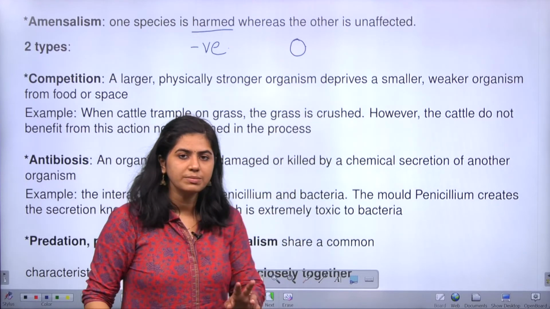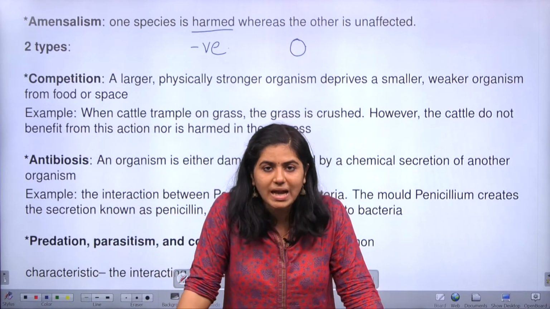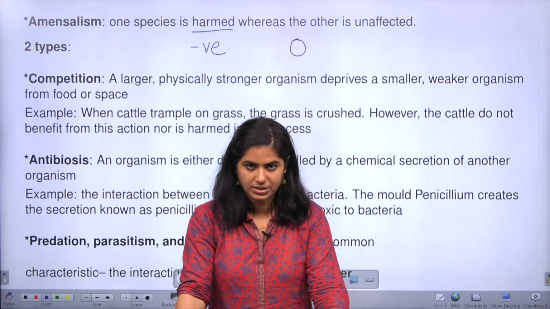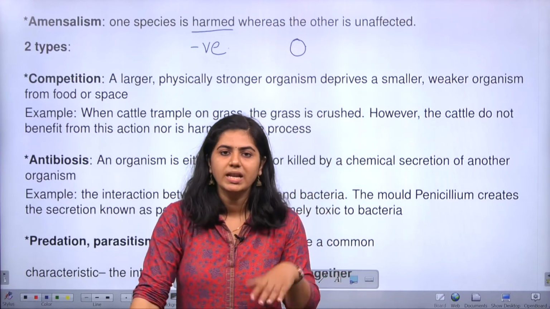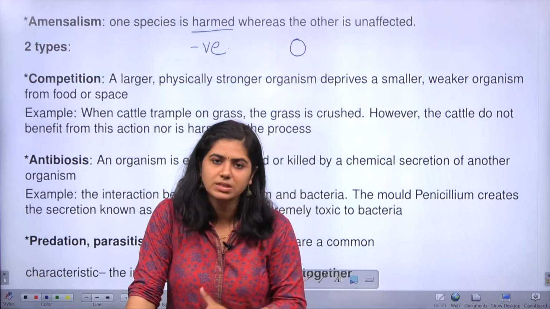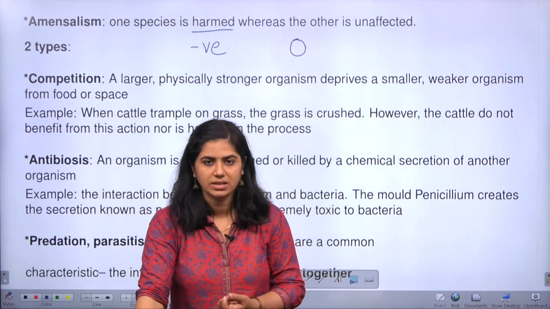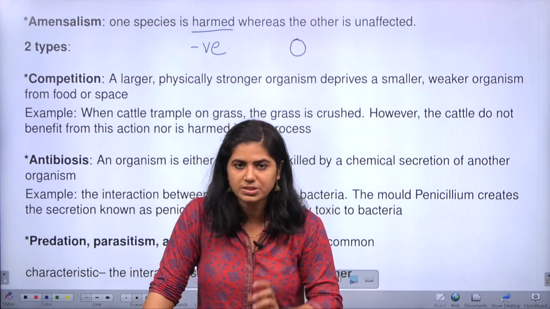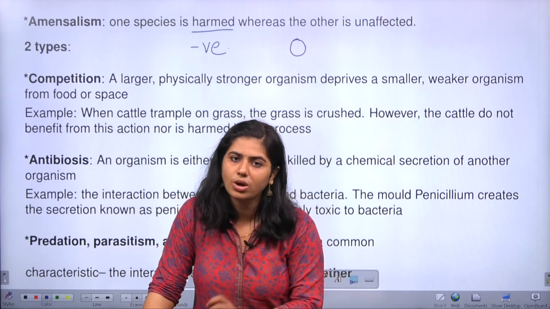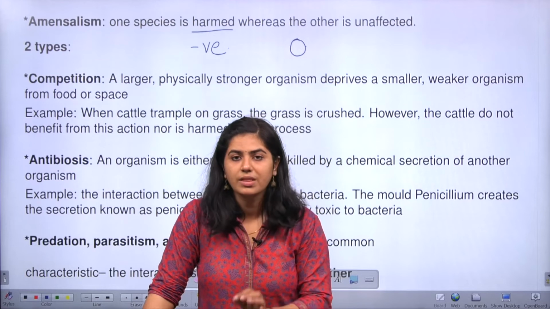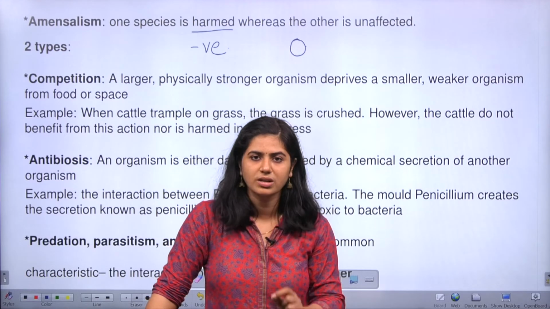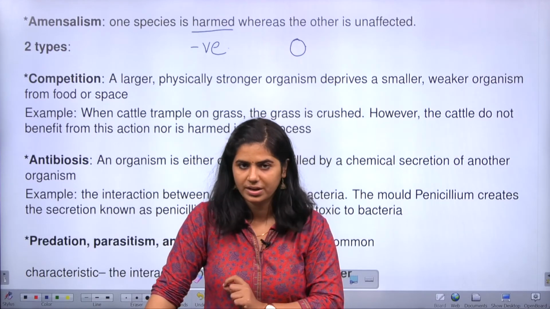Amensalism can be of two types, antibiosis and competition. In competition, a larger organism harms the smaller one, maybe indirectly. For example, when a large cattle walks on grass, it harms the grass, but the cattle is not benefited by that, while the organisms that feed on or live on that grass are harmed, right?